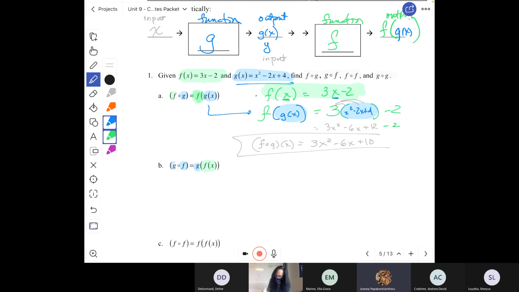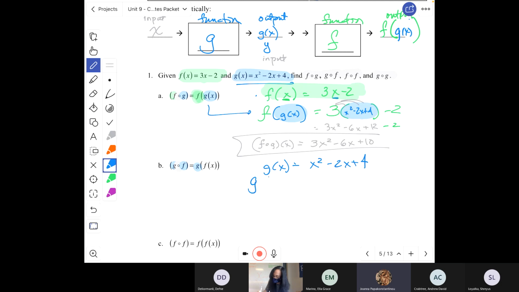So I'm going to start with the big function g. And everywhere I see an input, I'm replacing that with f of x. And f of x is just 3x minus 2.